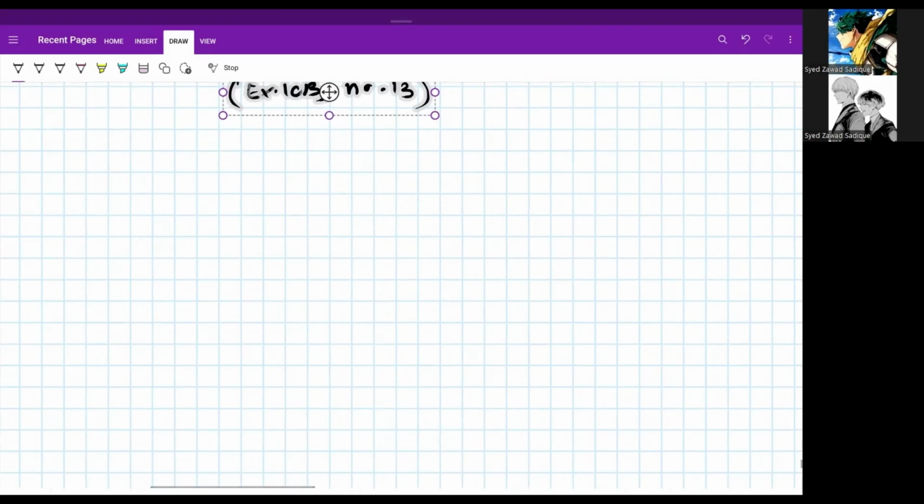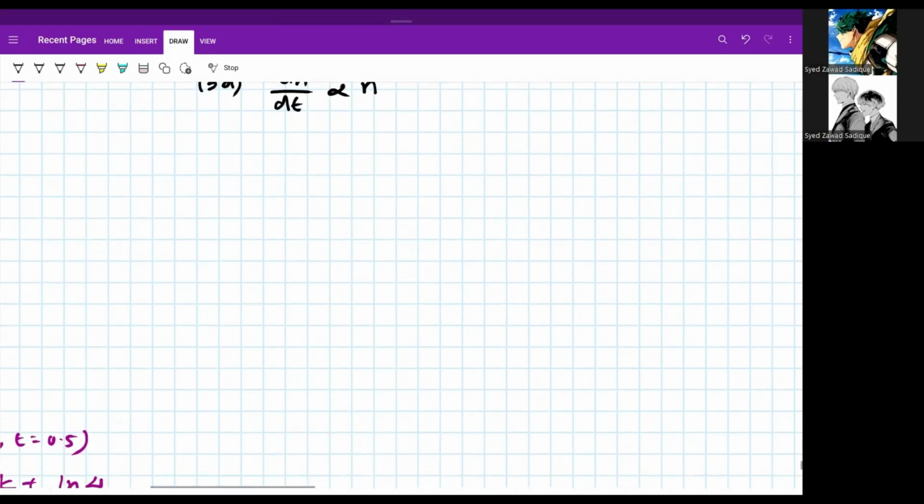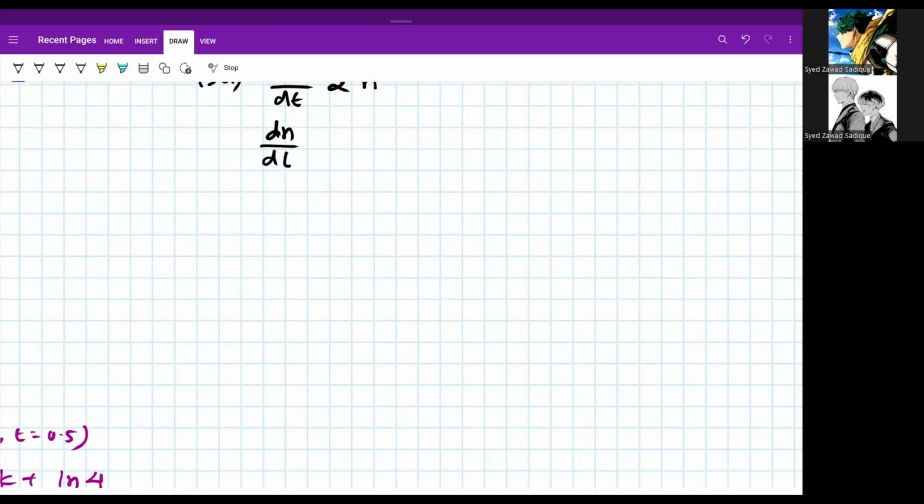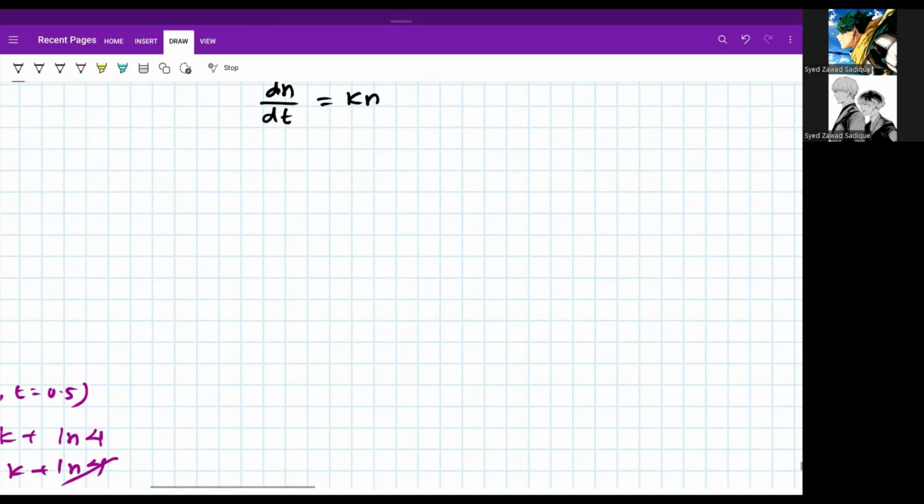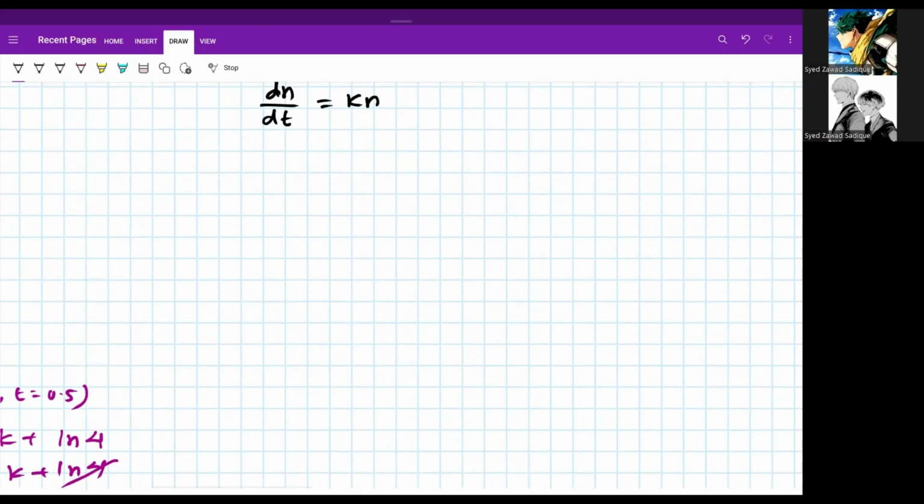So 13a, it says dn by dt is proportional to n. So we can say dn by dt is equal to kn. So we can say 1 by n dn is equal to k dt.